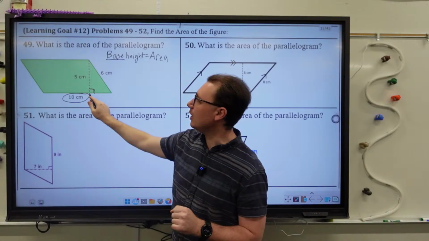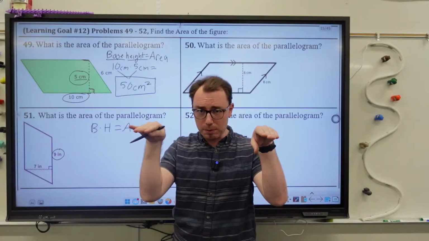We're now able to look at 51. What is the area of this parallelogram? We're still going to use that equation where it's base times height to give us our area here. We find that our base now is this value of 9 inches. Notice that the base does not need to be the side that's flat from the paper. It's just the side length here that's exactly 90 degrees from this measurement of the height.